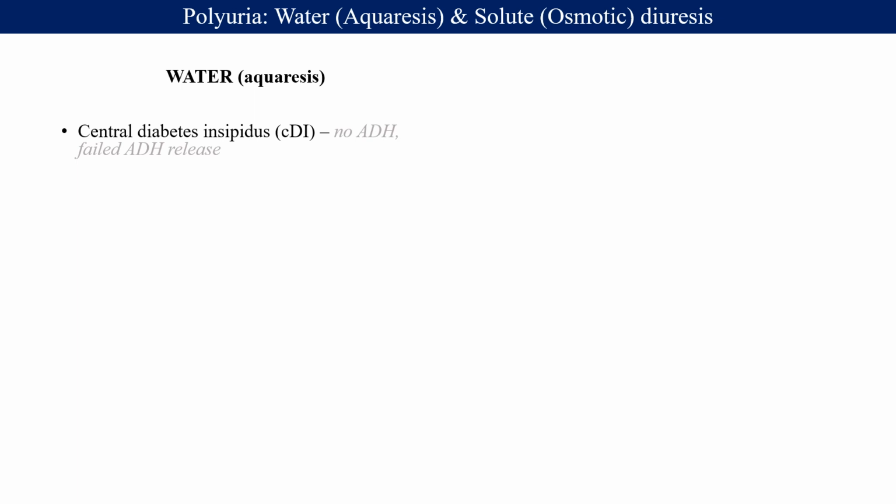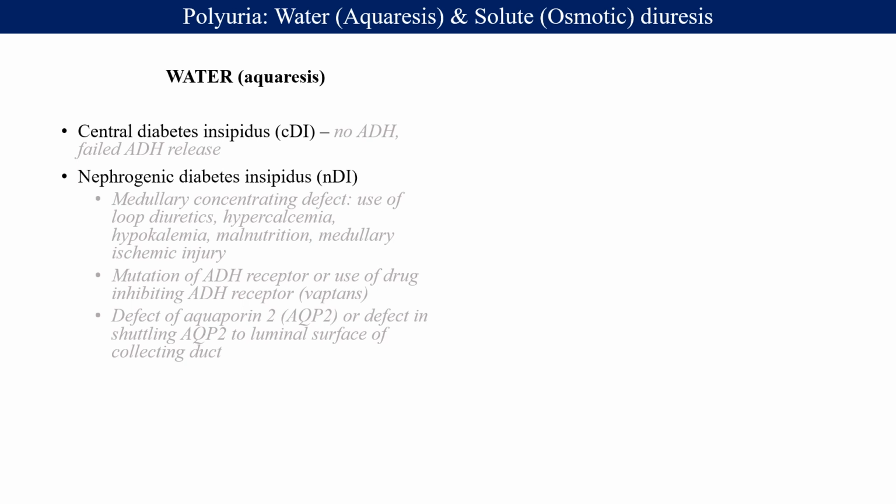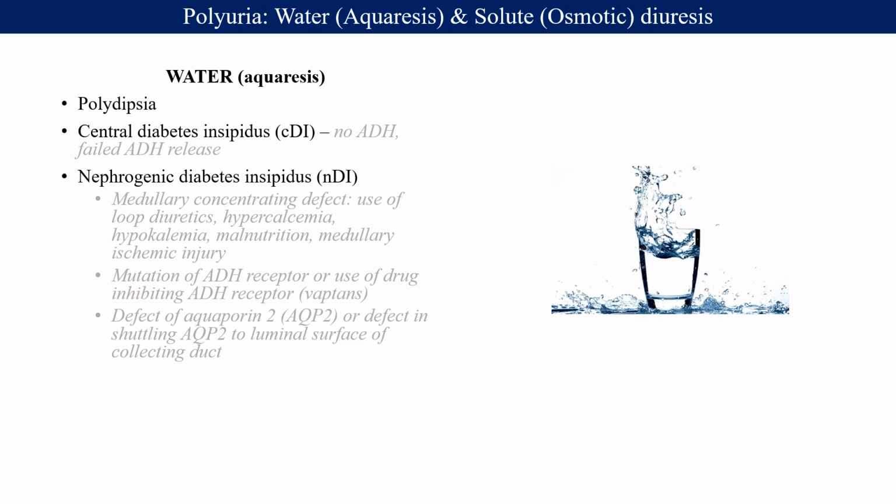As we've discussed, aquaresis may occur due to central diabetes insipidus, commonly referred to as central DI, or nephrogenic DI. Aquaresis may also occur when patients drink water excessively, referred to as polydipsia.